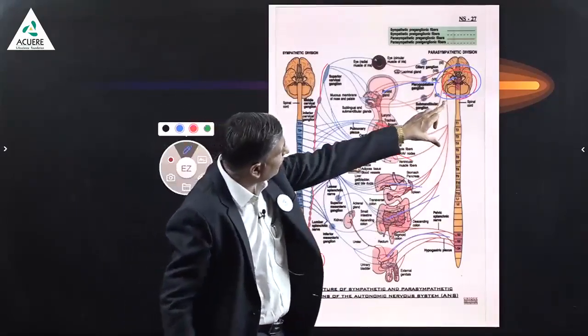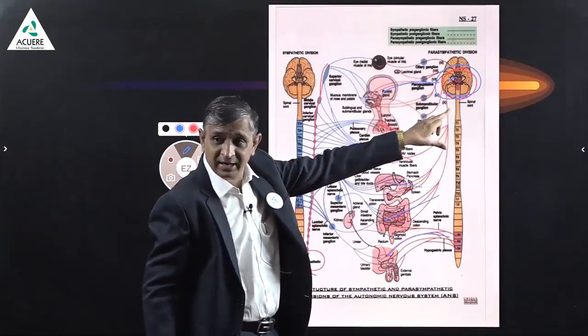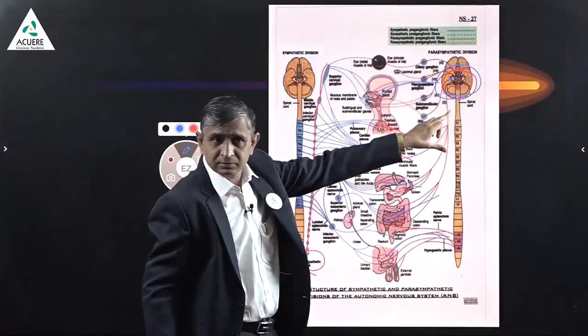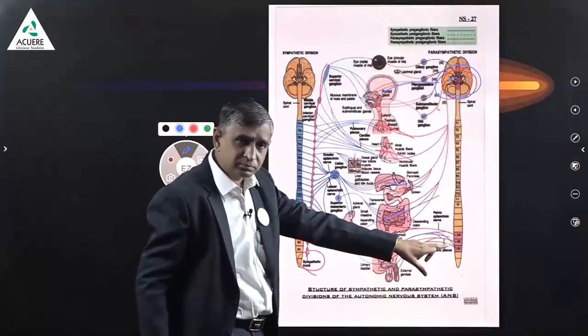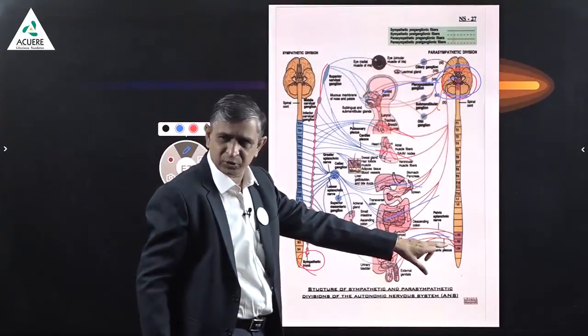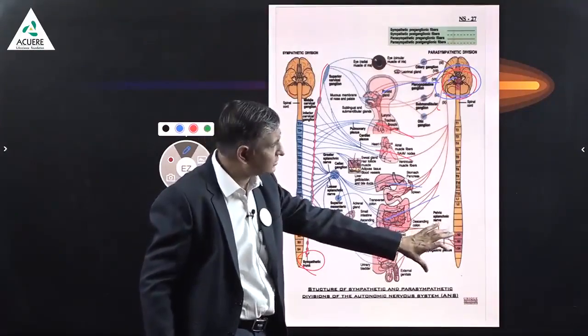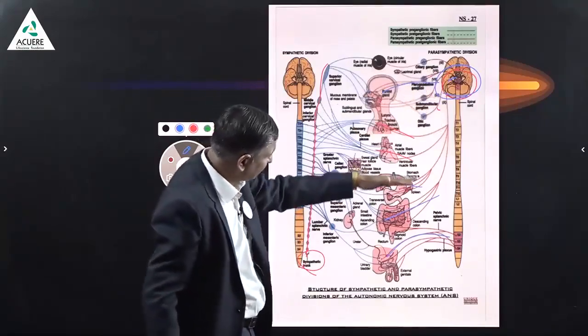The cholinergic nervous system is developed out of the ganglia, the cranial nerves we call them, and some sacral nerves, S2, S3 and S4. Some of the sacral nerves and some of the cranial nerves constitute this system.